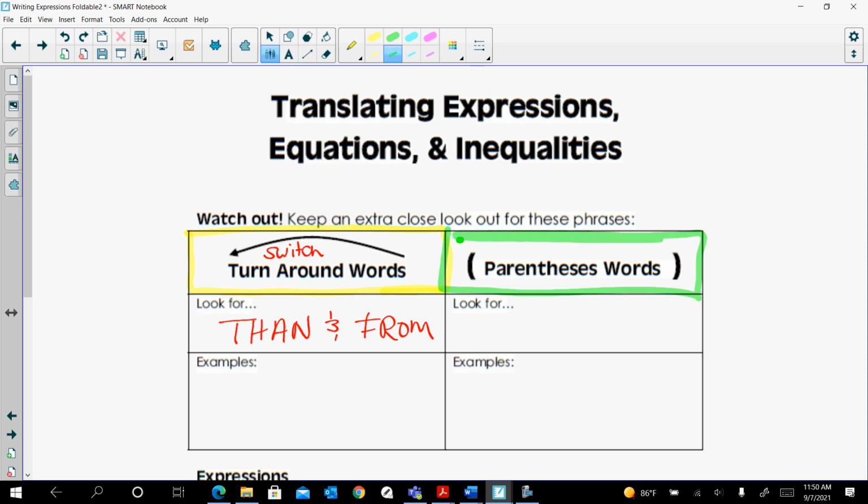Okay. We've got to look out for these because if you don't read them or interpret them or translate them correctly, you're going to have some error. So than and from, anytime I see than and from, that's going to be a turnaround. Anytime I read times the, that means I'm going to have to use parentheses.